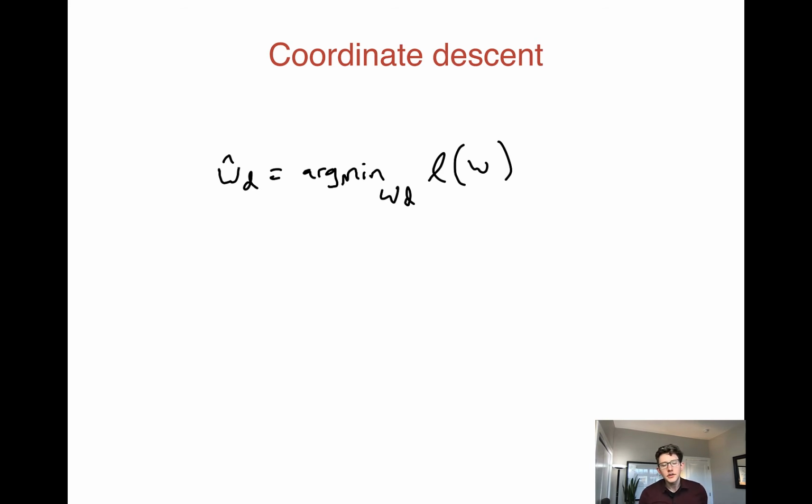So this is usually a good idea in the case where you can find a closed form update with respect to a single parameter, but you can't necessarily find a closed form update in all the parameters. So in the case where you have closed form updates in each parameter separately, this is often a very effective strategy. And in fact, that's what we're going to use for Lasso L1 regularization.